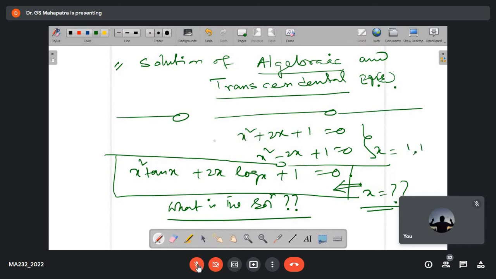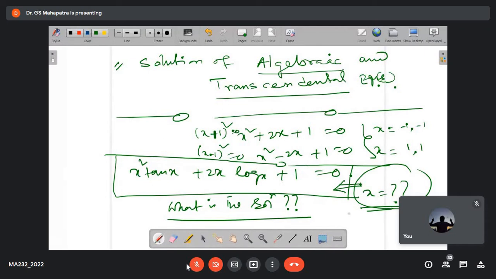So x minus 1 whole square equals to 0. Here it is x plus 1 whole square equals to 0. That means x is equal to minus 1 and minus 1. So repeated solution, you can find. But what about this one? What is the solution of this equation?